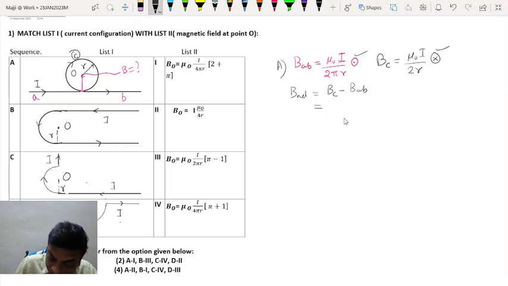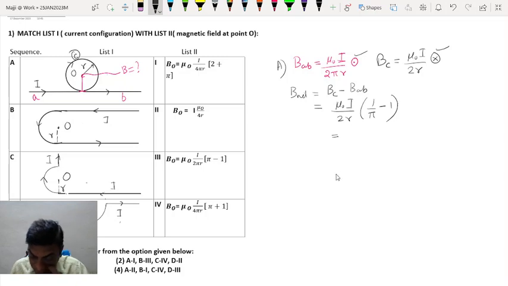So this will be mu 0 I by 2r, you can take common, into 1 minus 1 by pi.